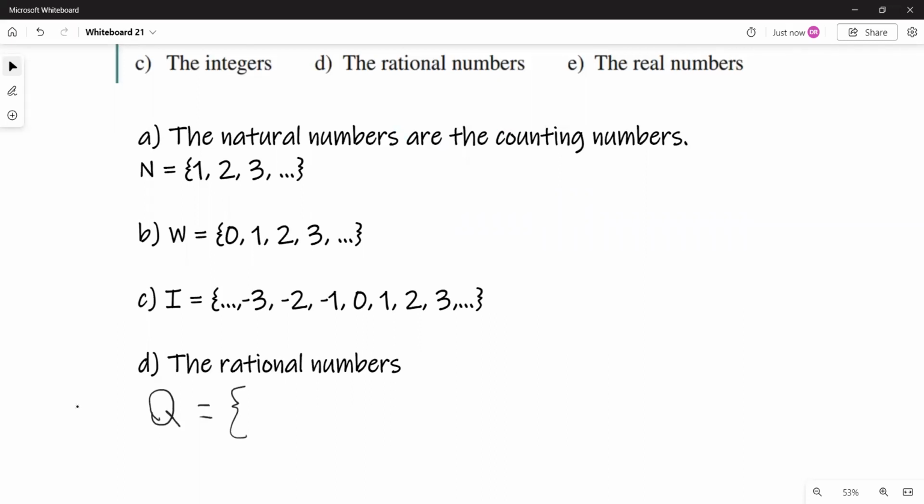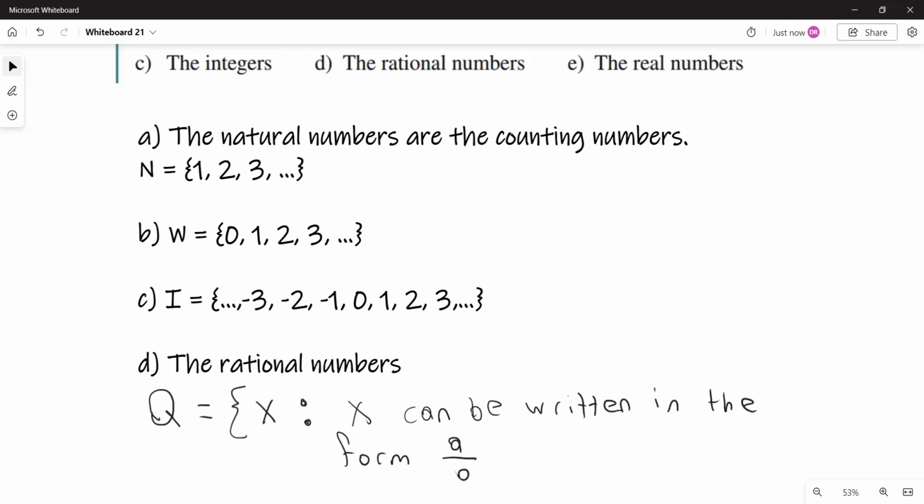So that's going to be the set of all x such that x can be written in the form A over B, where A and B are integers and B is not zero.